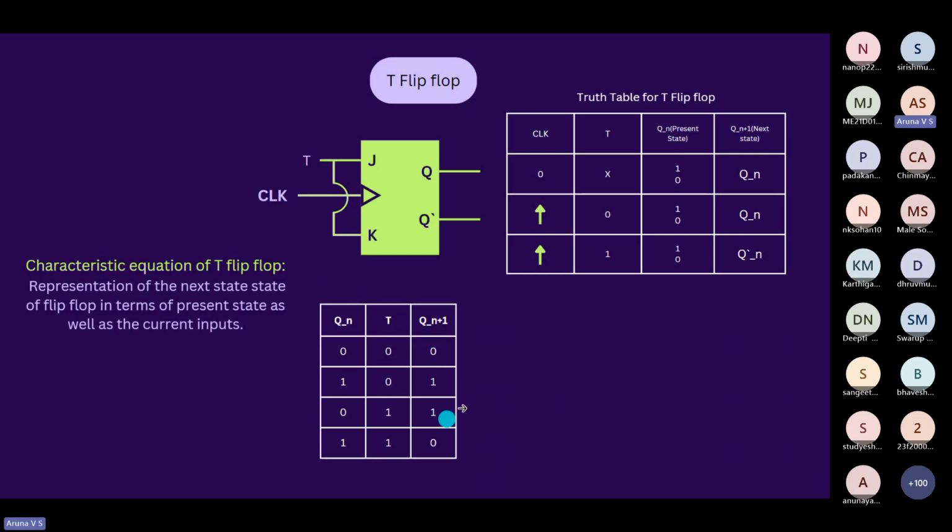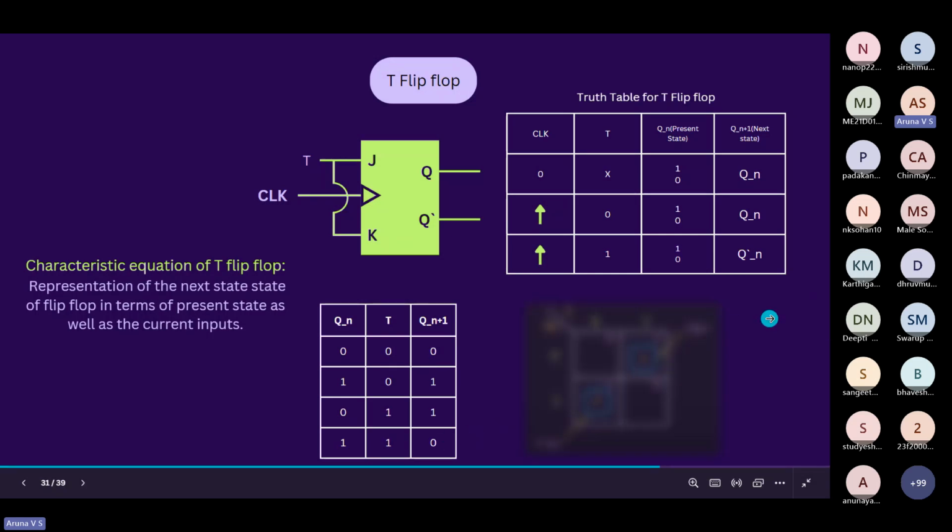So we'll be building a truth table over here. If the present state is 0 and the toggle value is 0, that means it will remain the same. The next state will also be 0. So if it was 1 and 0, then it will become 1. Whenever the toggle is 1, it will just toggle the input. Like if Qn is 0, then Qn plus 1 is 1. And if it's 1, it's 0.